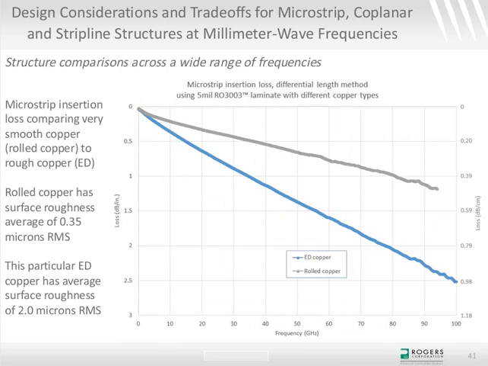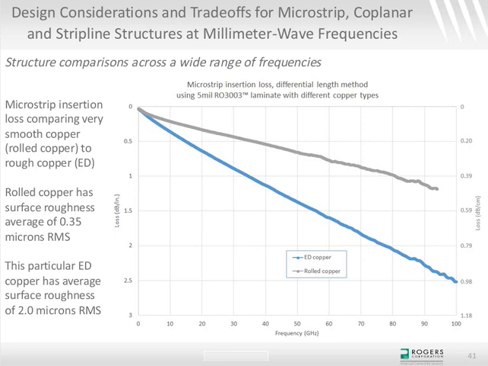Now, this is a nice chart showing a big difference in copper roughness. The last couple of slides back, I showed differences of 2.3 versus 2.9, but this is a much bigger difference. This is rolled copper with the copper surface roughness about 0.35 microns RMS compared to the ED copper about 2.0 microns RMS. And by the way, RMS is also Rq for copper surface roughness measurements.